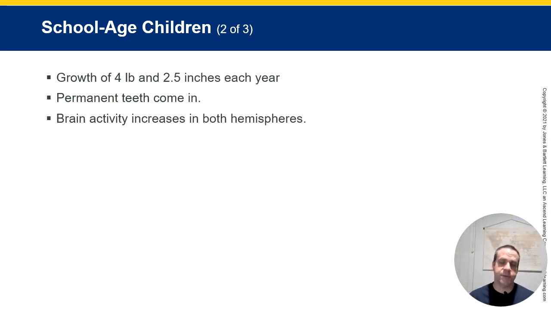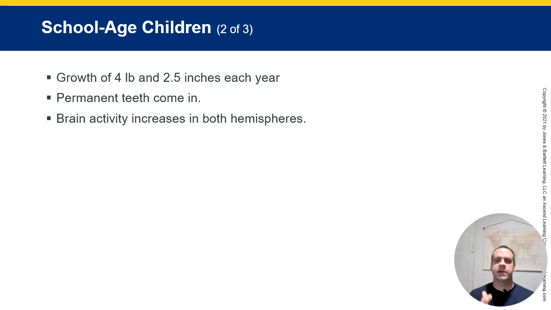Physically speaking, school-age children grow in fairly predictable patterns. As I just stated, each year they gain about 4 pounds and grow 2.5 inches, steadily moving towards adolescence. Their brain activity increases in both hemispheres, leading to significant improvements in logic, memory, and overall reasoning.